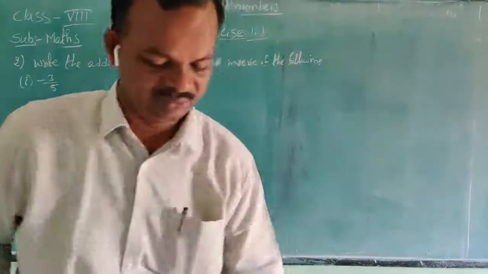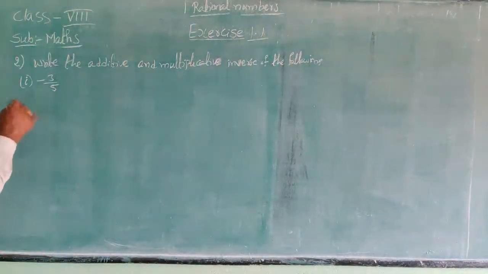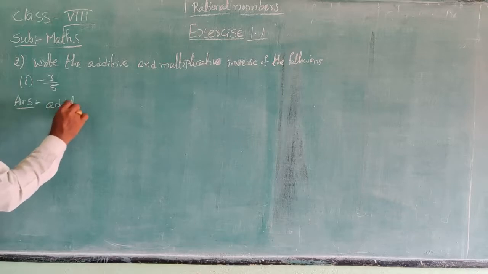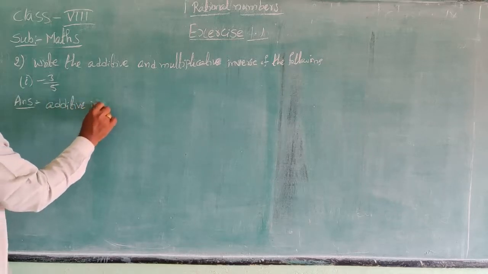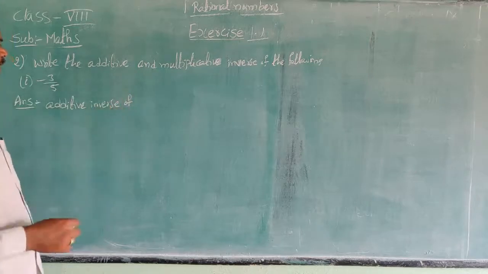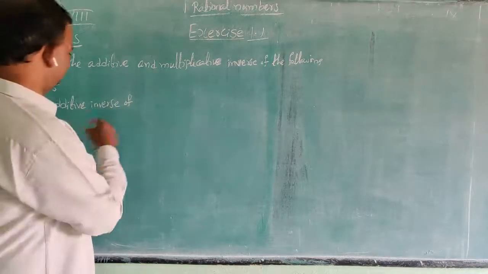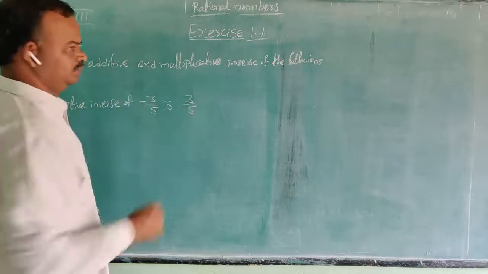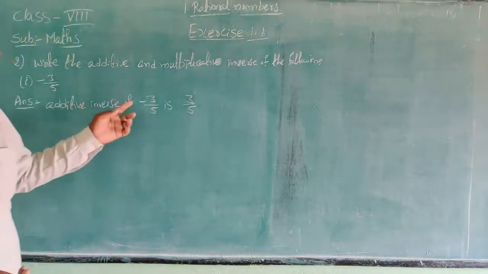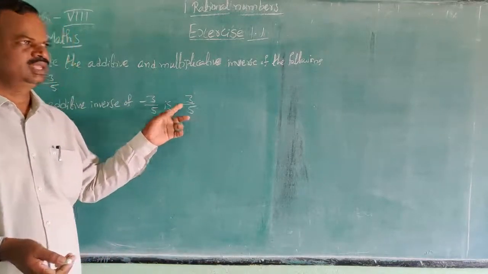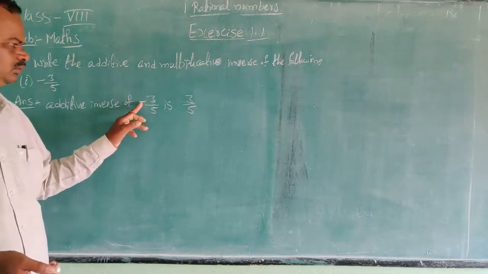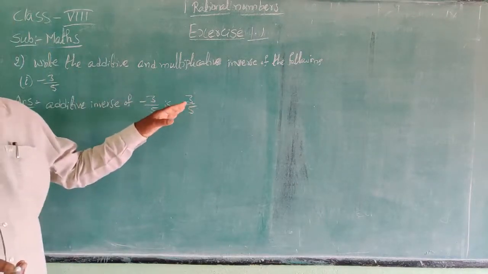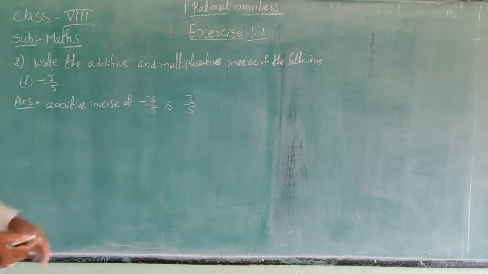Similarly, you will write the additive inverse of minus 3 by 5 is plus 3 by 5. Here the symbol is negative, here the symbol is positive. If the symbol is positive, the inverse is negative. That means the additive inverse of a negative number is a positive number and of a positive number is a negative number.